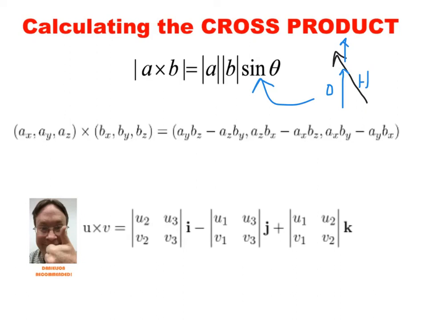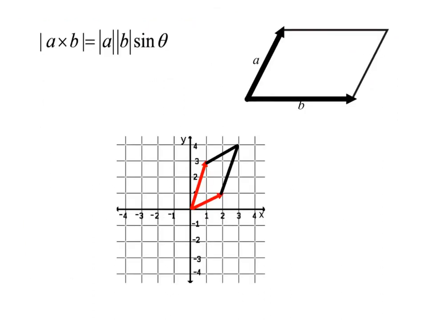Okay, so we're going to focus on this formula for just a minute so we can talk about how this could be useful to us in three-dimensional space. So I want to talk about the relationship geometrically to parallelograms. If you remember from geometry, the area of a parallelogram is base multiplied by height. Well, in this case, the base of this would just be this vector b. That's easy enough to find. So the magnitude of b is the base.